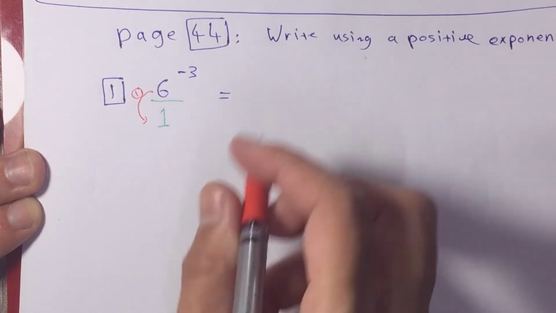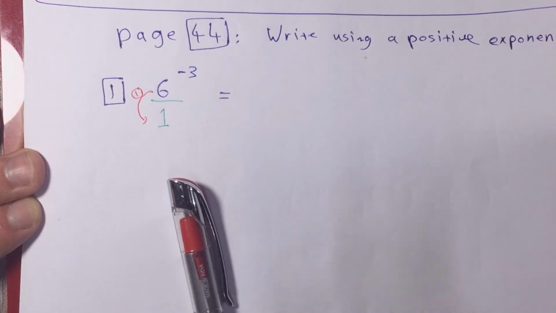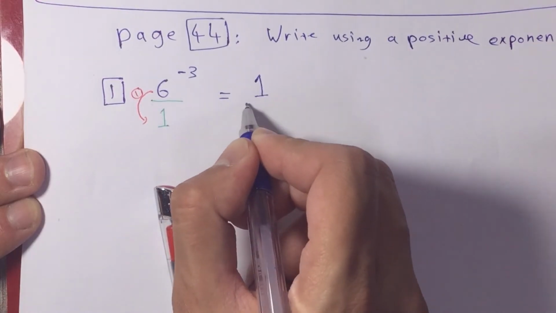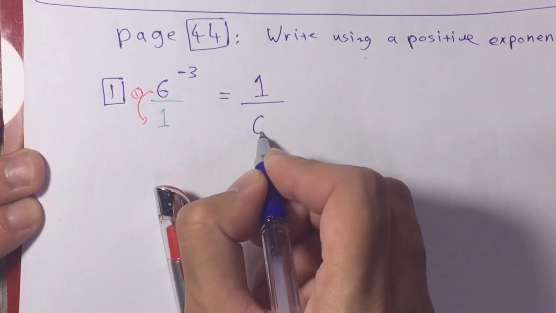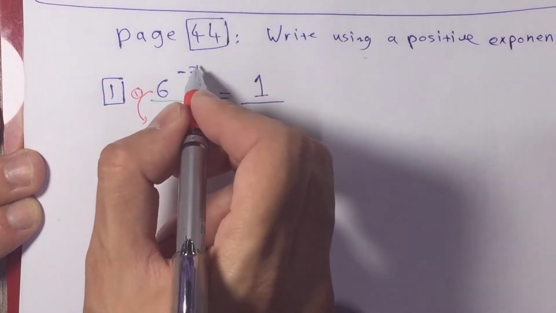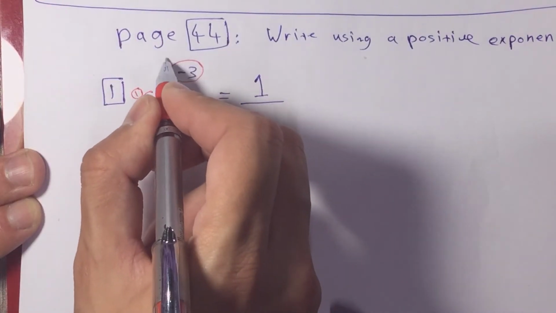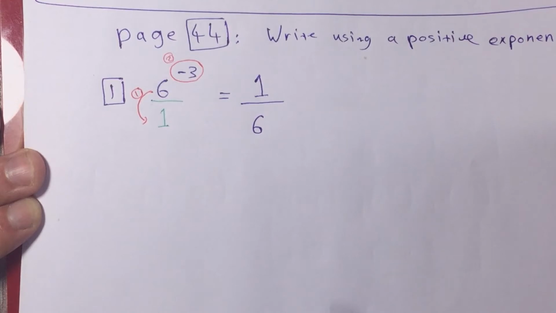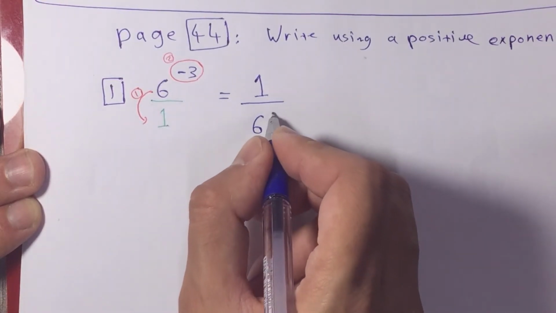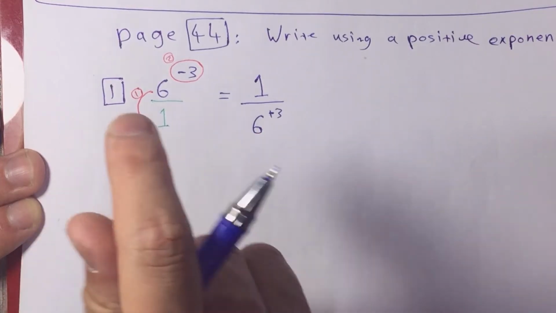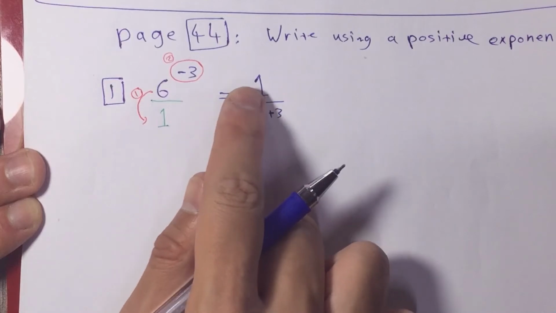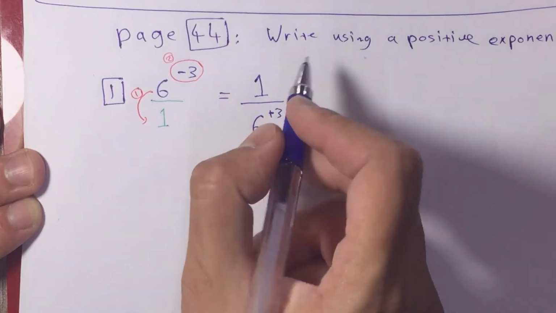So we write it in the denominator. Nothing is left in the numerator, so we write 1 over 6. The second step is to change the sign of the power. We have negative here, so we put positive 3. So 6 to the power of negative 3 is equal to 1 over 6 to the third.